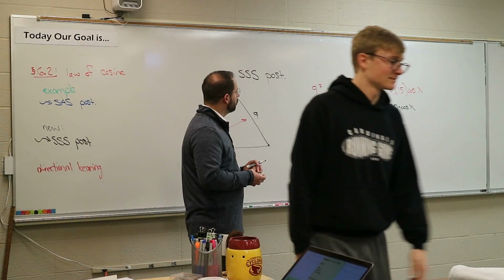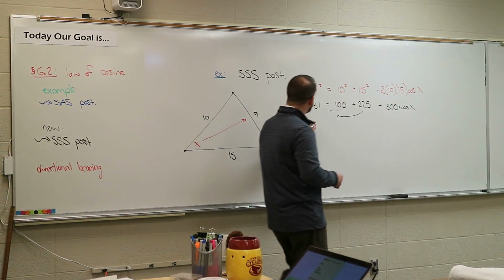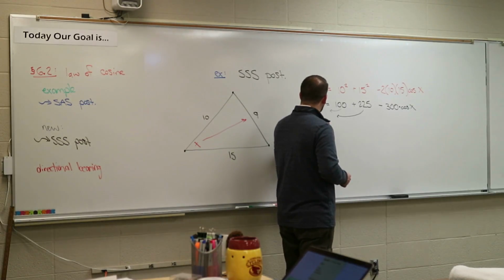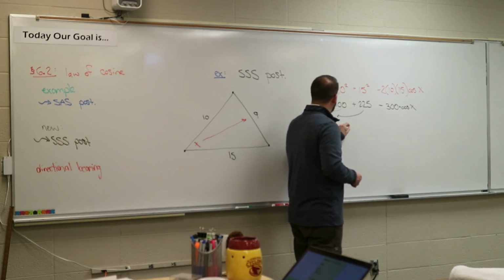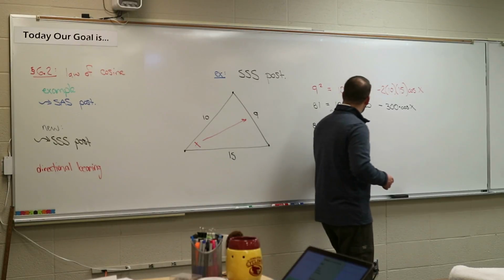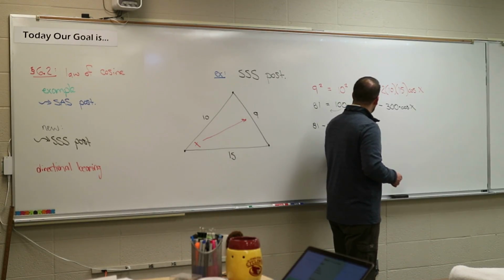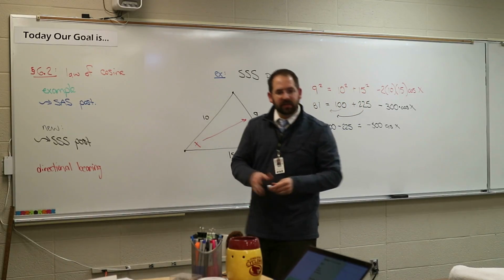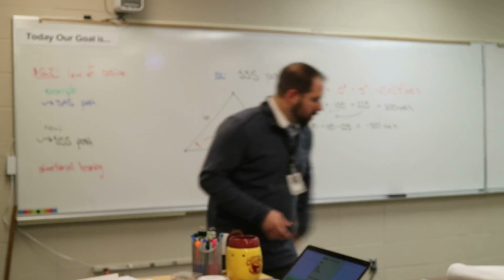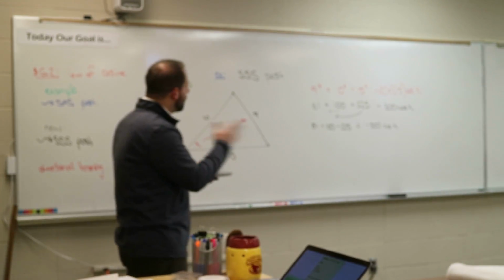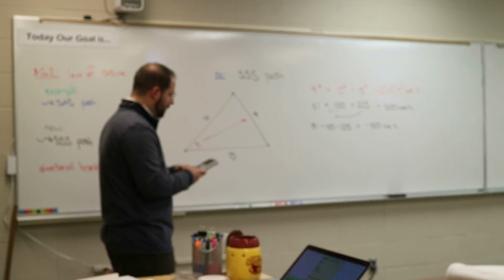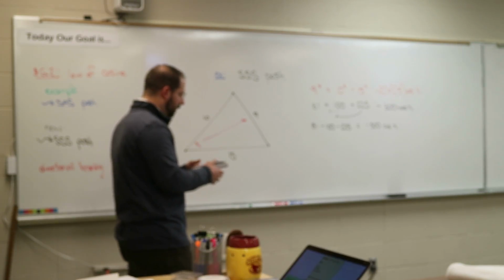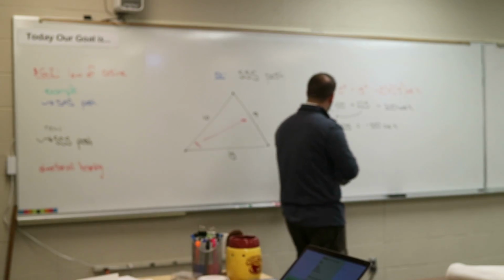Okay. We're going to subtract the 100 across, so 81, subtract the 100, and subtract the 225. We have a negative 300 cosine x. To find x, 81 minus 100 minus 225 gives a negative 244.